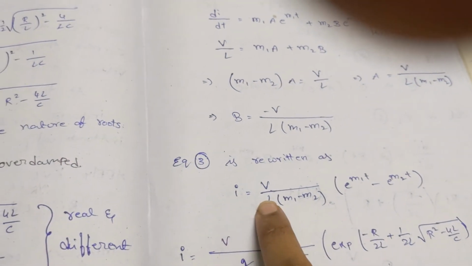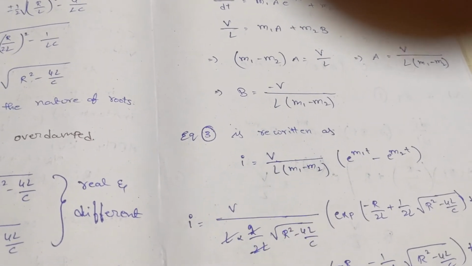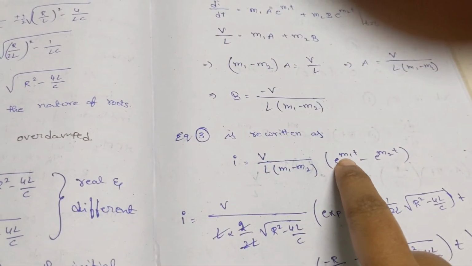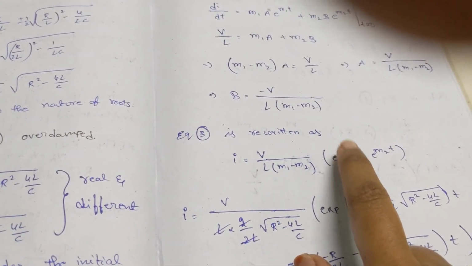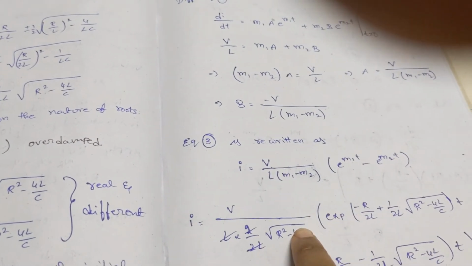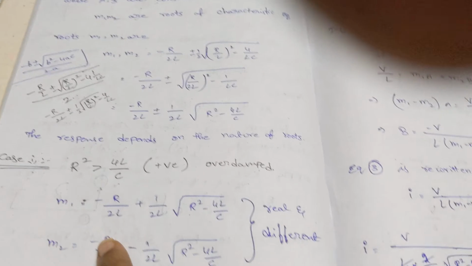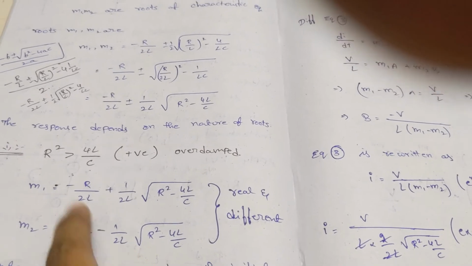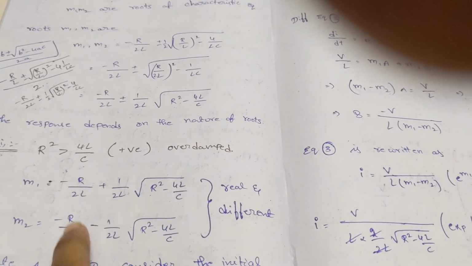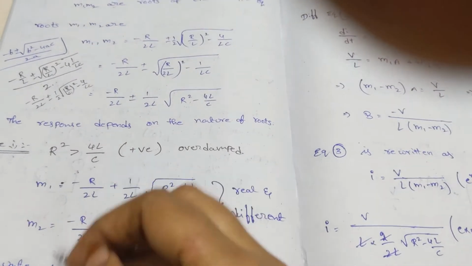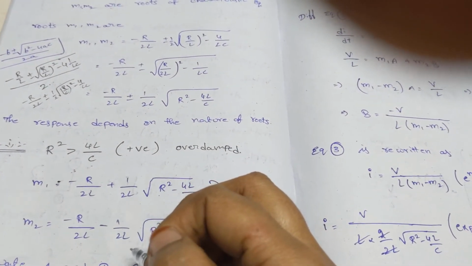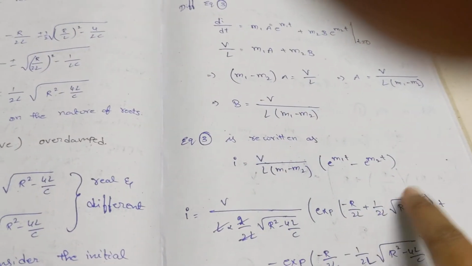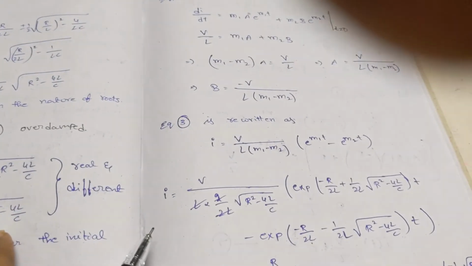So when I replace the a and b values in my current expression, m1 minus m2, this term will be cancelled, R divided by 2L will be cancelled, so it becomes 2 divided by 2L root over R square minus 4L by C. And this term is exponential of m1 minus exponential of m2.